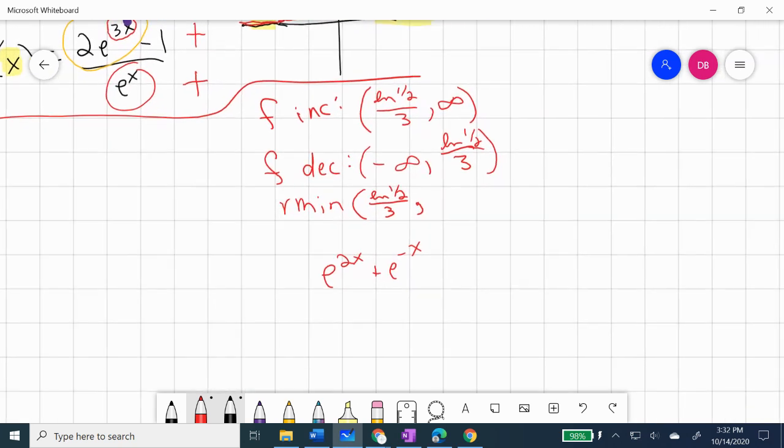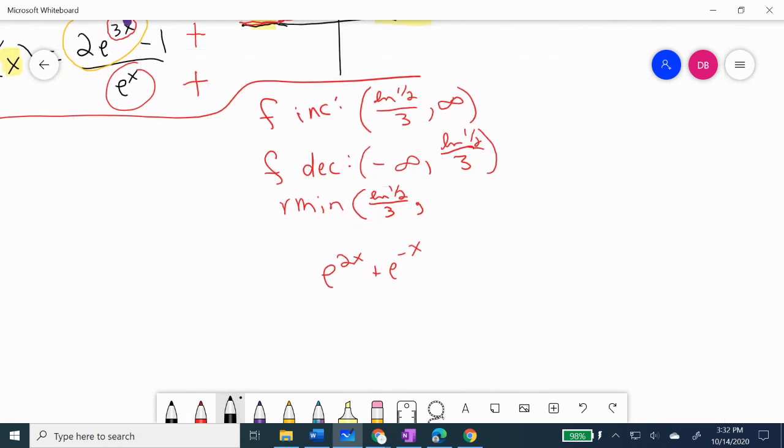So I've got to throw this number into this lovely little mix here. This is where it might actually be nicer to change the natural log of 1/2 into negative the natural log of 2. It just saves some fractional nightmares. So if I take this and plug it into these x's, I am going to get e to the power of negative 2 natural log 2 divided by 3.